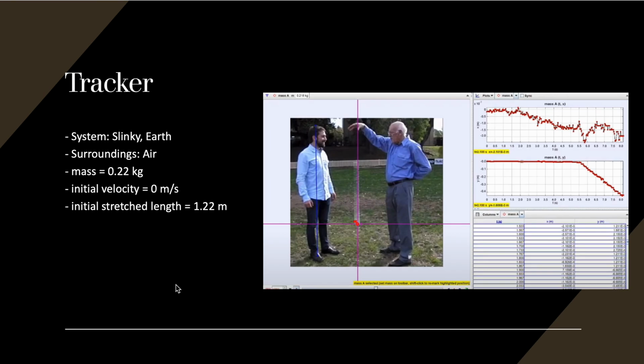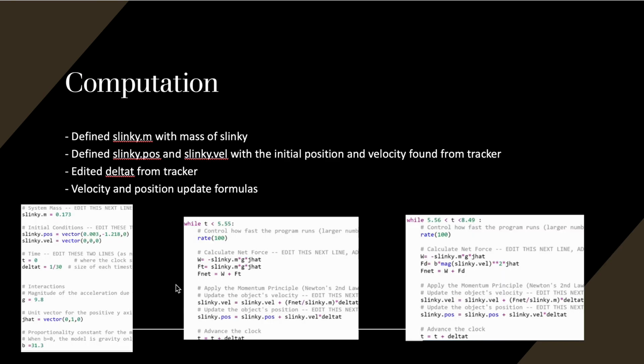Then the computational model plugged in the initial conditions I mentioned before and used Newton's second law to find force, which is the sum of the force of gravity and the tension force of the slinky when it's in static equilibrium, and then the net force equals the force of gravity and the force of drag when the slinky is falling.